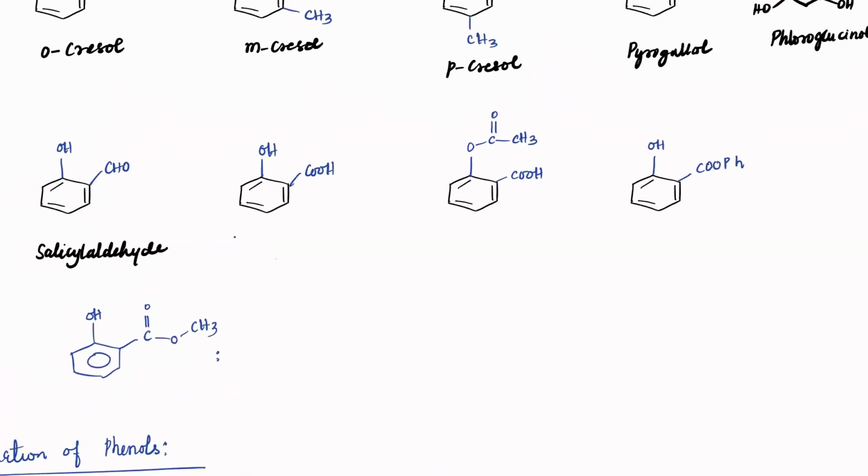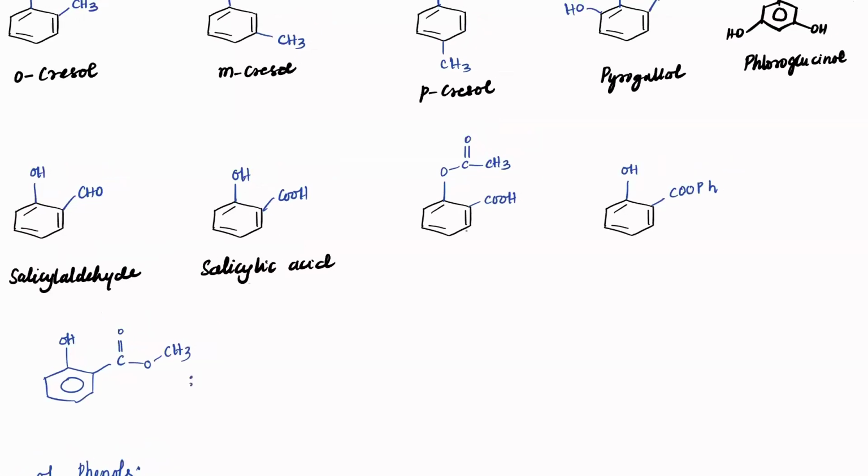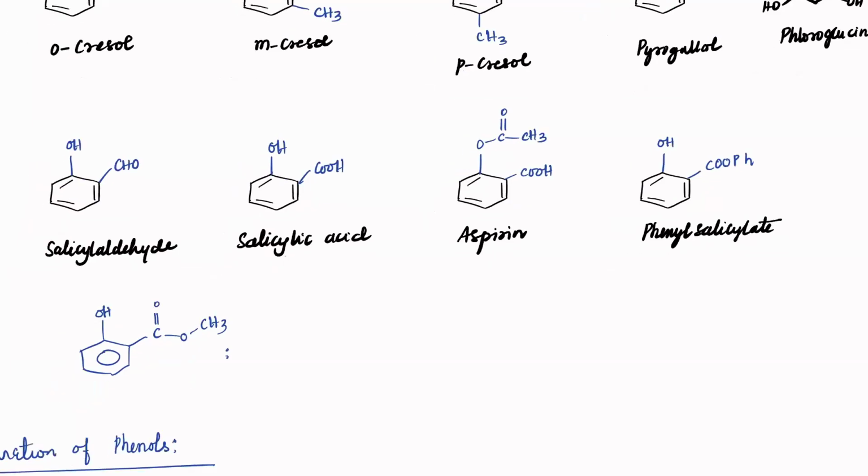The other one is salicylic acid. Next one here is called aspirin. Very important compound. Going ahead, we'll be discussing a lot about that. Then this is phenyl salicylate. Now, in fact, aspirin is a common name that we use here.